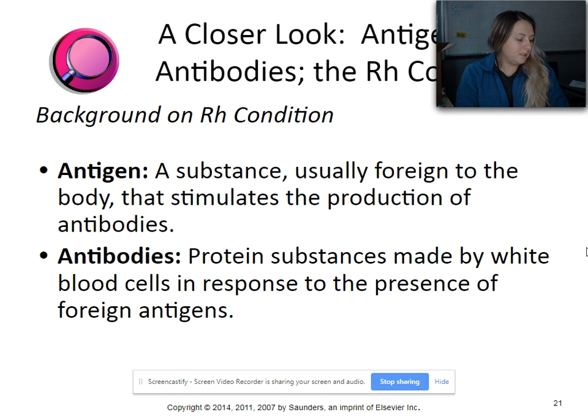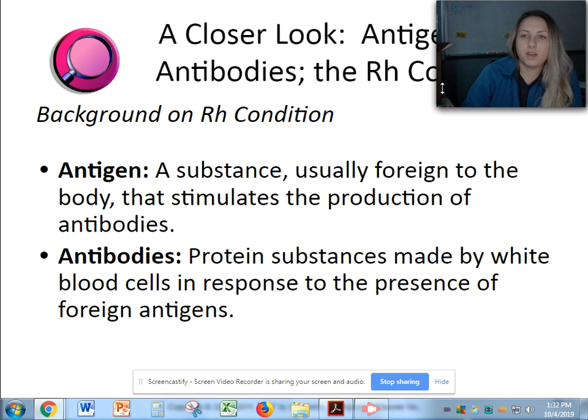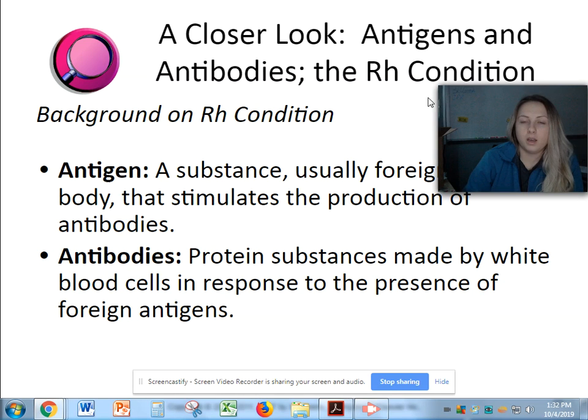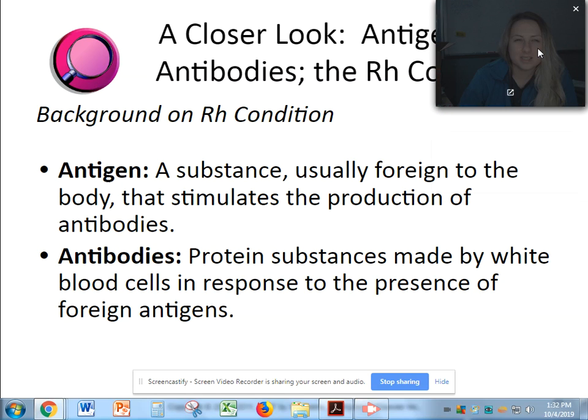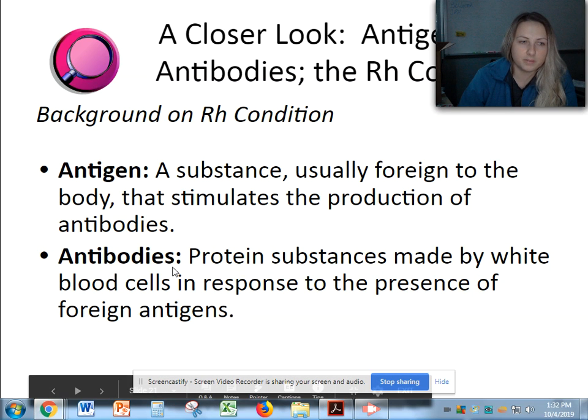Last but not least, RH condition. So RH is what's found in your blood cells, and it's what's called, I guess an antigen. I'm sorry, an antibody. An RH is an antibody, right?